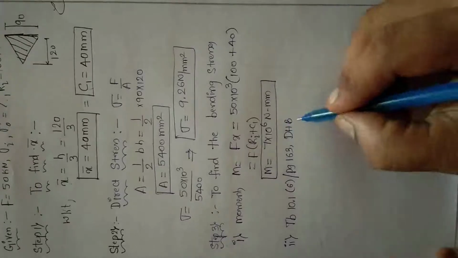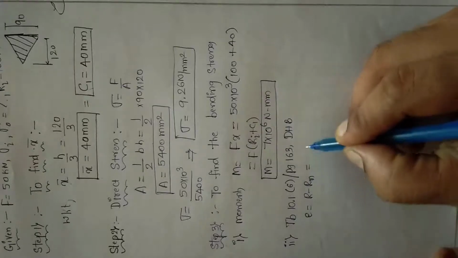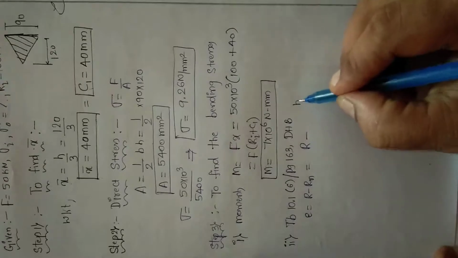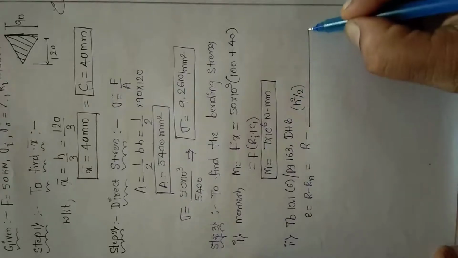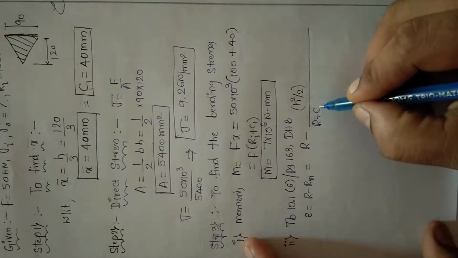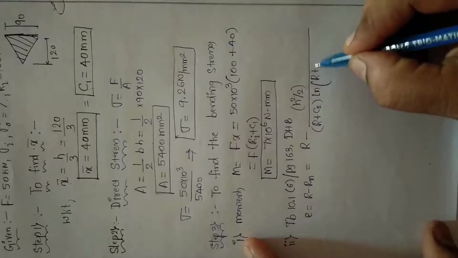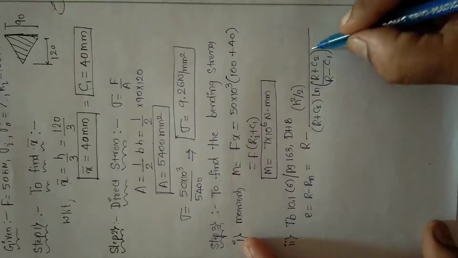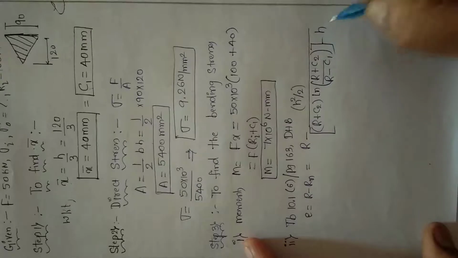So we have E is equal to R minus Rn, that is R minus the quantity H square by 2 whole divided by R plus C2 times ln of R plus C2 whole divided by R minus C1, close the bracket, minus H. So this is the formula.